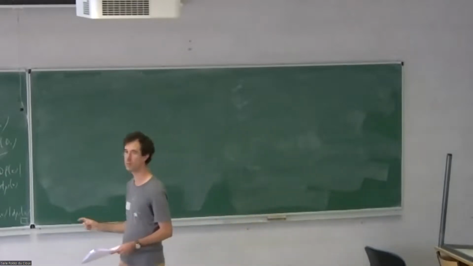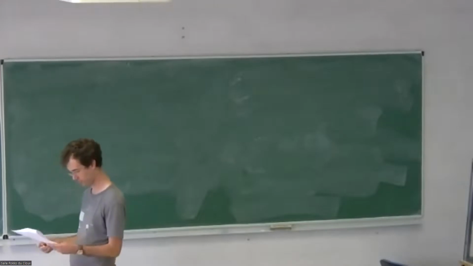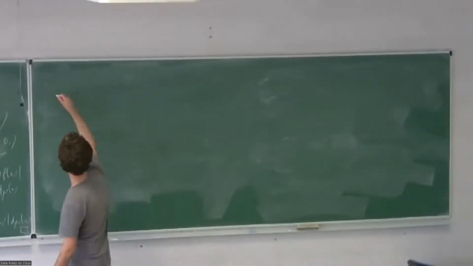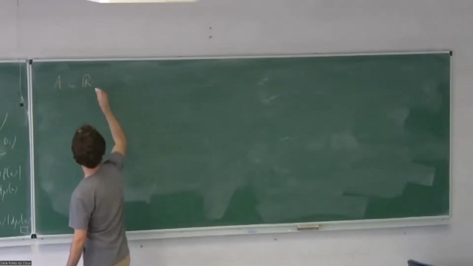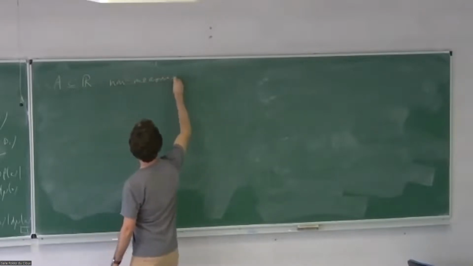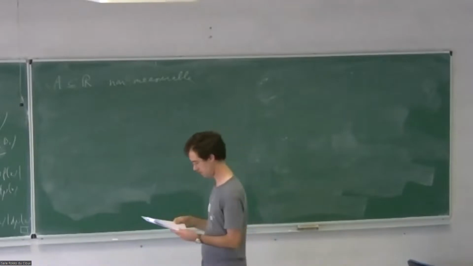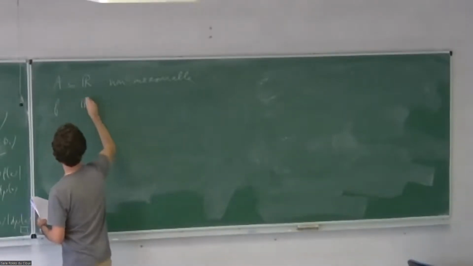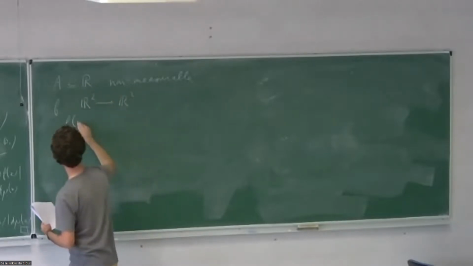It has to do with measurability issues. I hope you have a favorite non-measurable set. Here is mine. It's A. A inside R will be a non-measurable set. Then let me define some function from R squared to R squared, f of x, y.